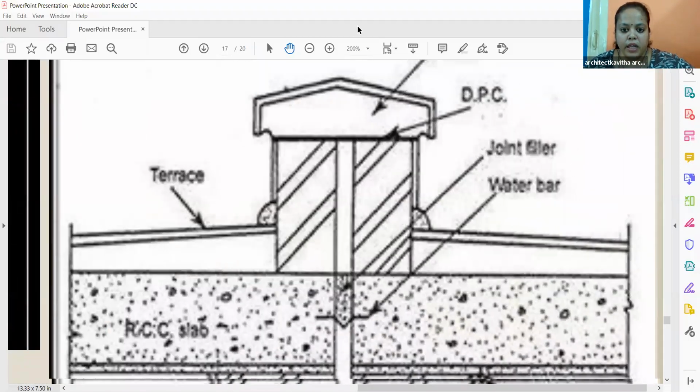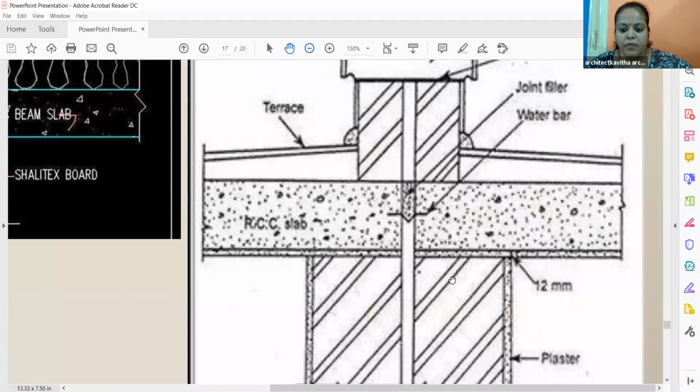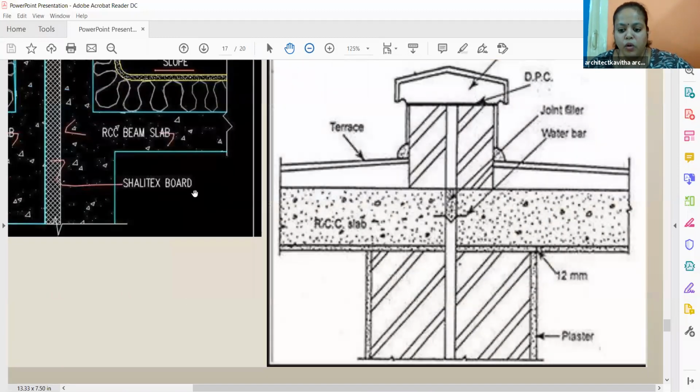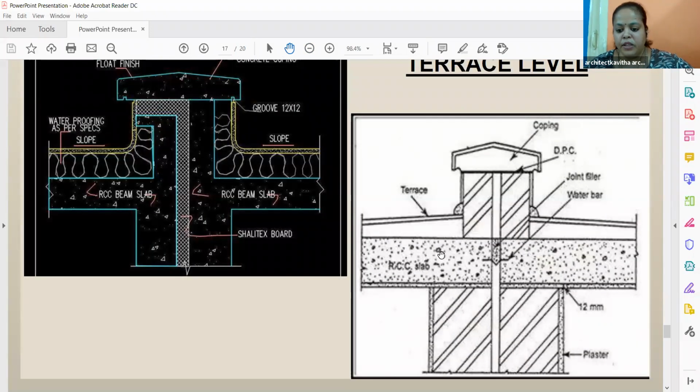And this is another type. So here there is no water bar. If you see, there is no water bar here. Directly they are giving the Shalitex board. It is like I showed you the bitumen board, right? So it is something like that, a tight material. Here is one more type where you don't want Shalitex board or something.